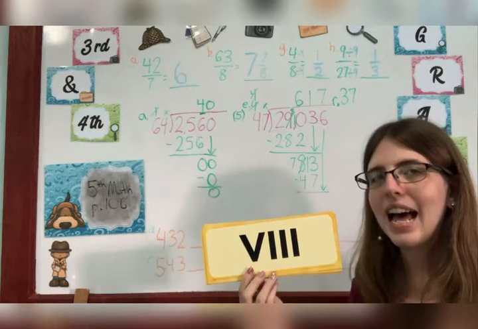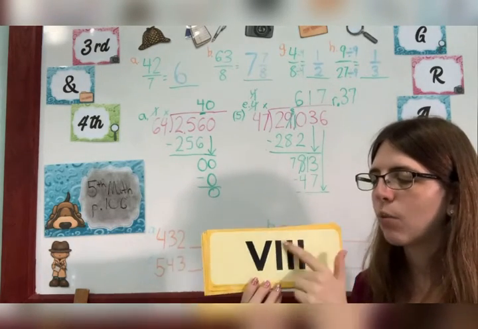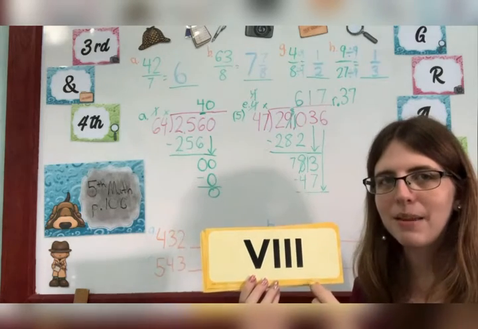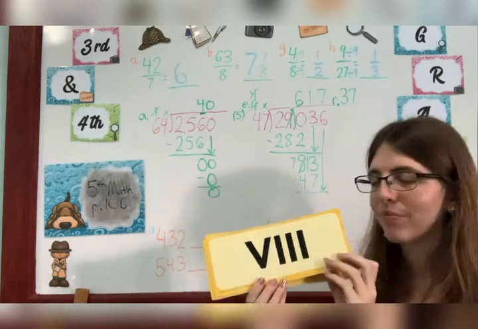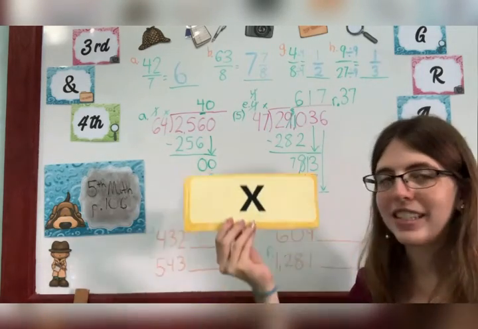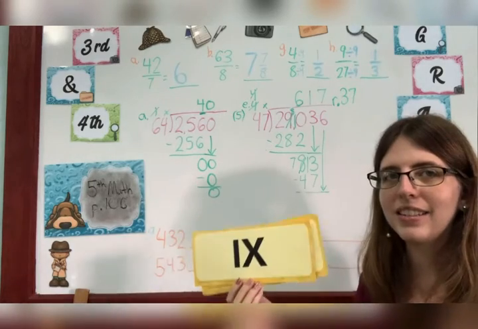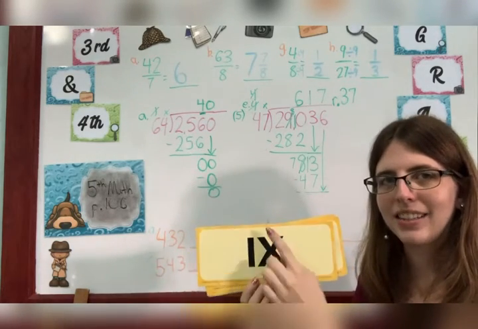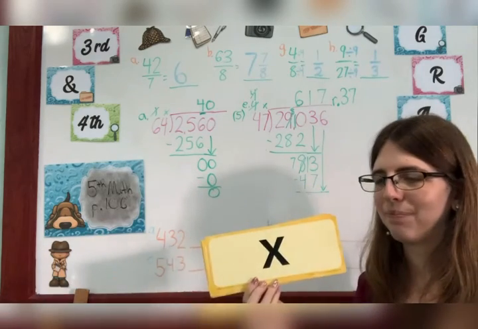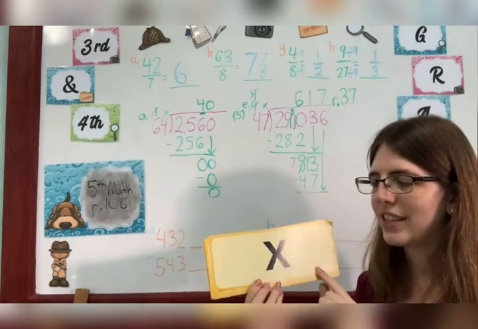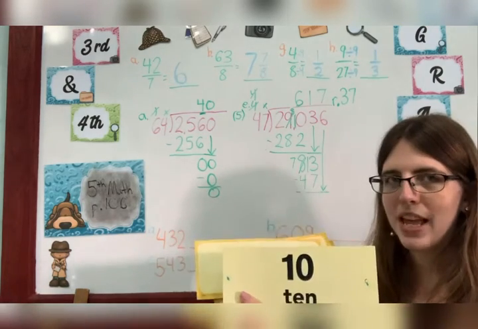So to make 9, I have to do a subtraction. I'm going to subtract 1 from the next symbol, the symbol for 10. Do you remember the symbol for 10? The symbol for 10 is X. So the symbol for 9 is IX. 10 minus 1 to make 9. Here is 10.